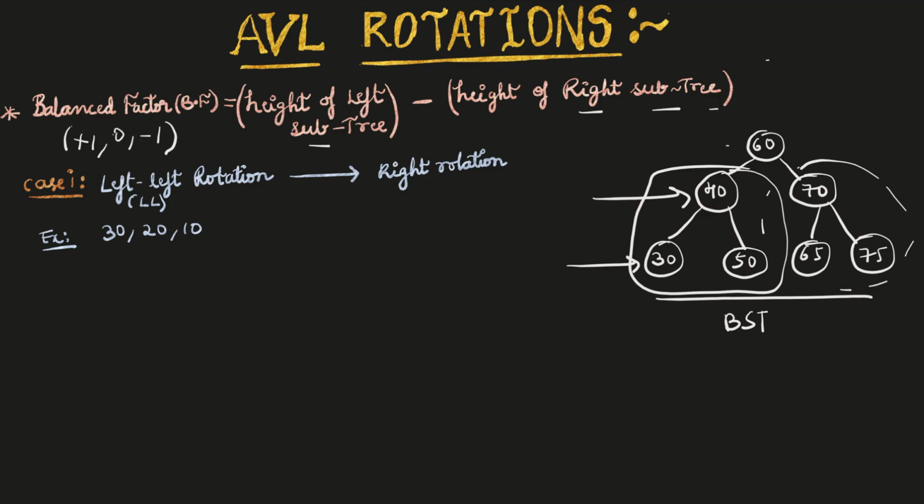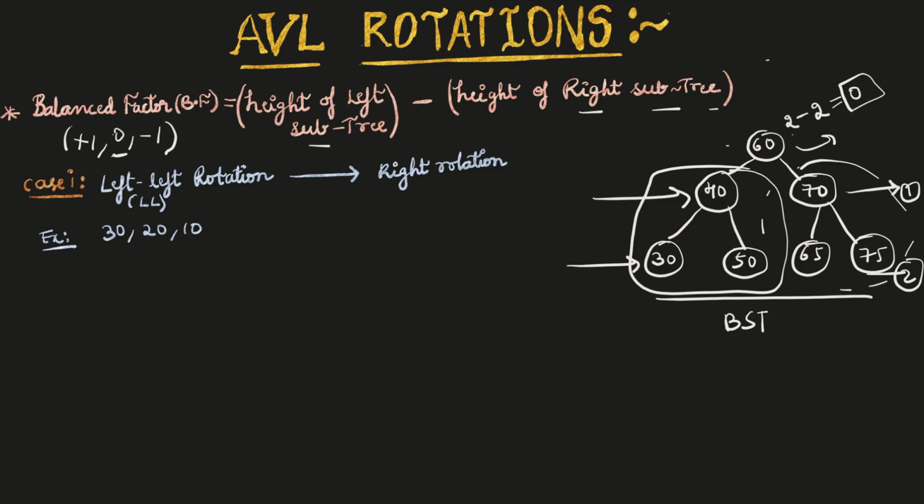So the height of the left subtree is 2. Coming to the height of the right subtree, it also has how many levels? 1 and 2. So there are 2 levels. So the height of the left subtree minus the height of the right subtree is equal to 0. Now this lies in the range of the balance factor. So this 60 is said to be balanced.